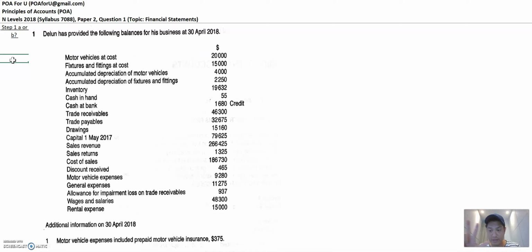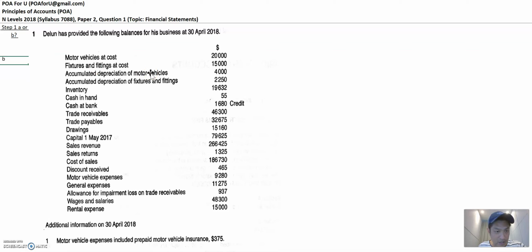Three buckets, that's it. And the statement of financial position, historically known as the balance sheet, will have assets, liabilities, and equity items. So capital and drawings are equity items. Okay, so let's go one by one.